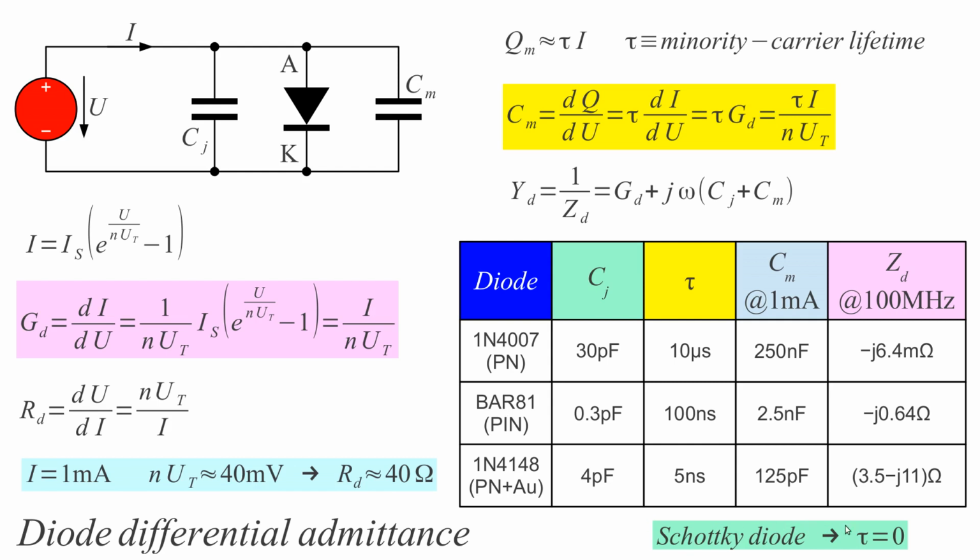But in Schottky diodes we have no minority carriers at all, because electrons travel from silicon through the depletion region directly into the metal. So there is no accumulated charge of electrons in the metal, and there are no holes coming from the metal into the N semiconductor. So there is no tau. This tau is equal to 0, and Schottky diodes are really fast.